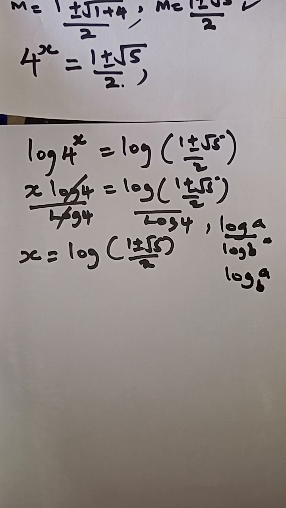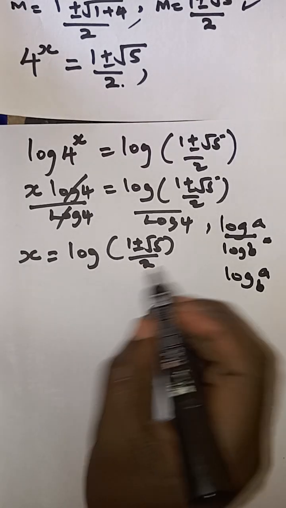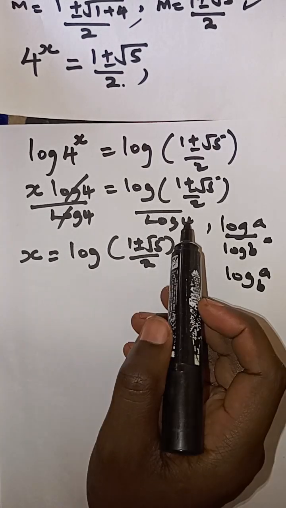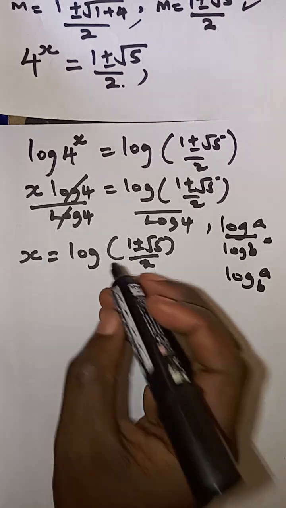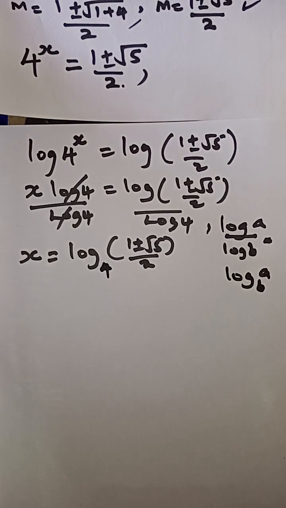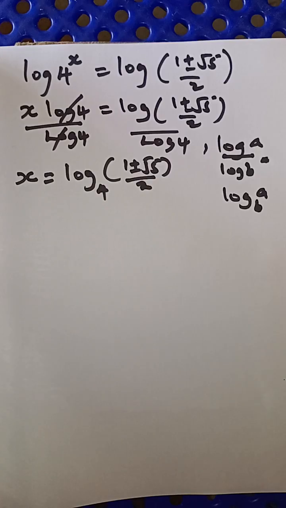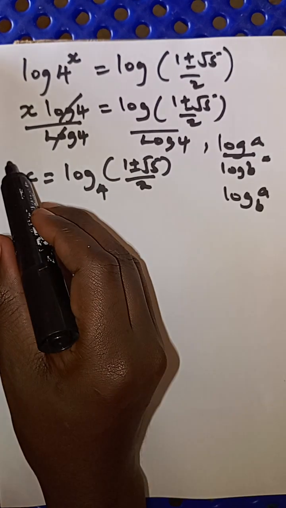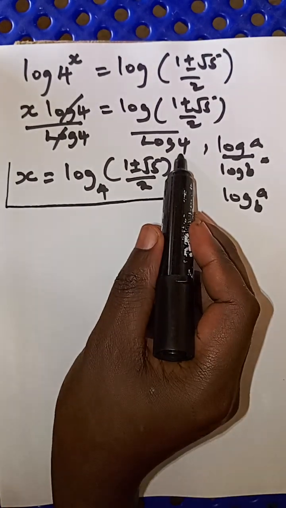I'm going to apply that at this point so that the 4 is going to come here as the base, like that, as my value of x, which was required.